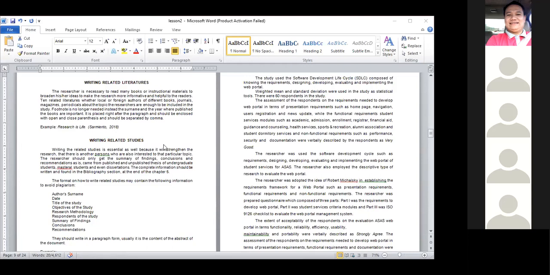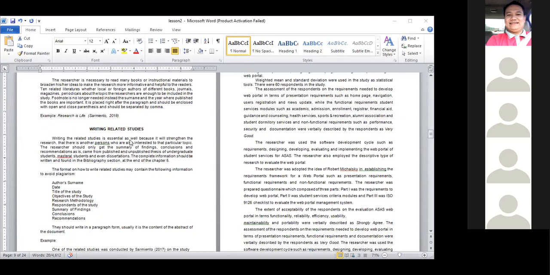So for example, when you are talking about research, when you define what is research, you will say here Sarmiento, because that is my claim, no? That is my idea when I define research: research is life, because based on my experience, if there is no research involved, our life is not meaningful, or significant.